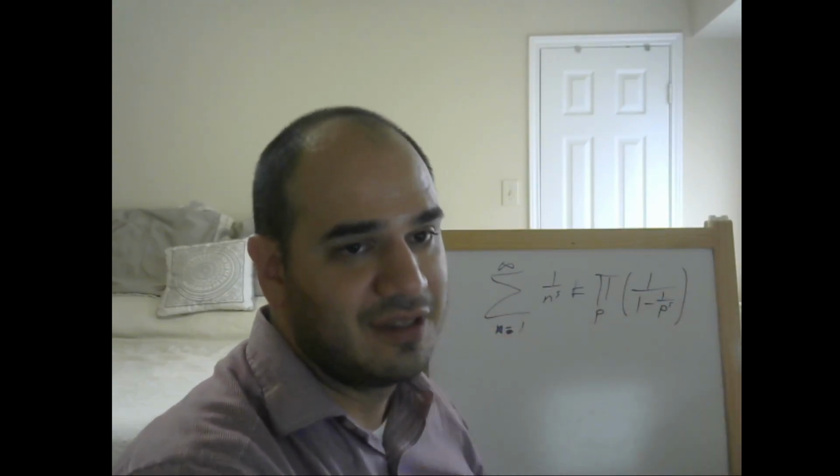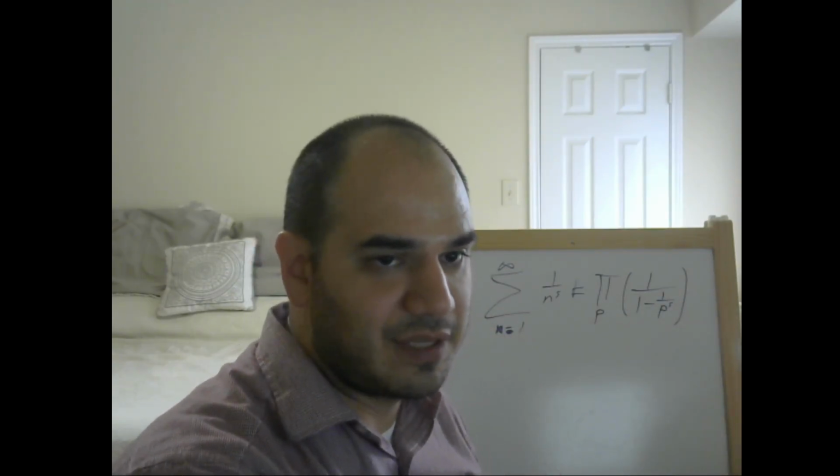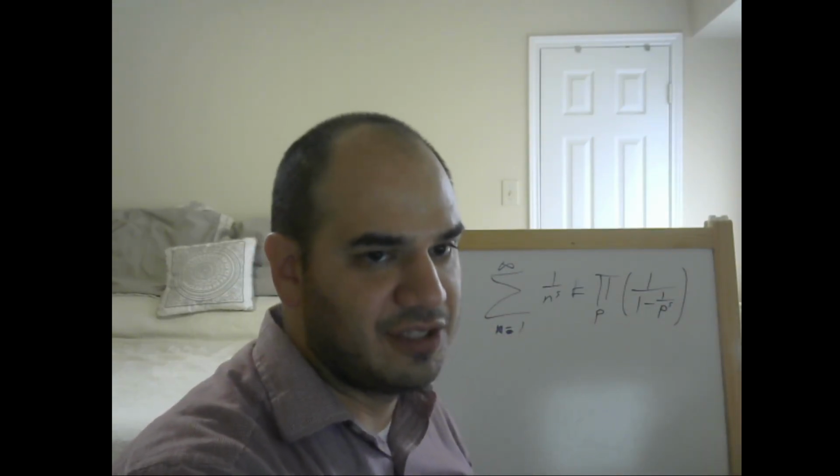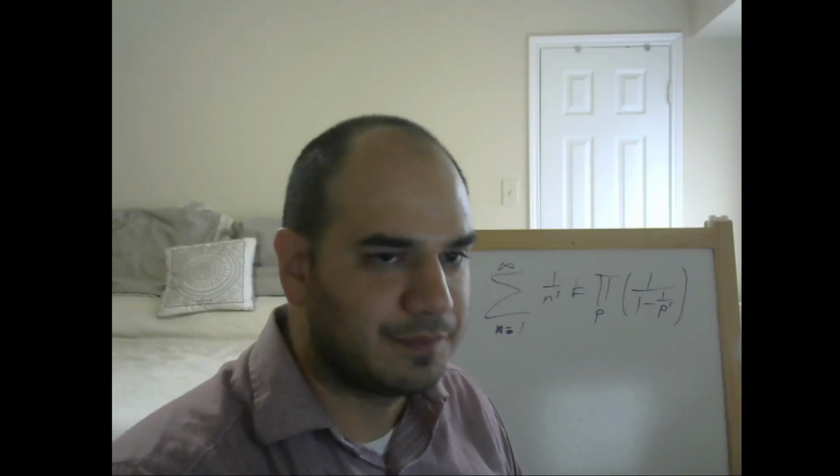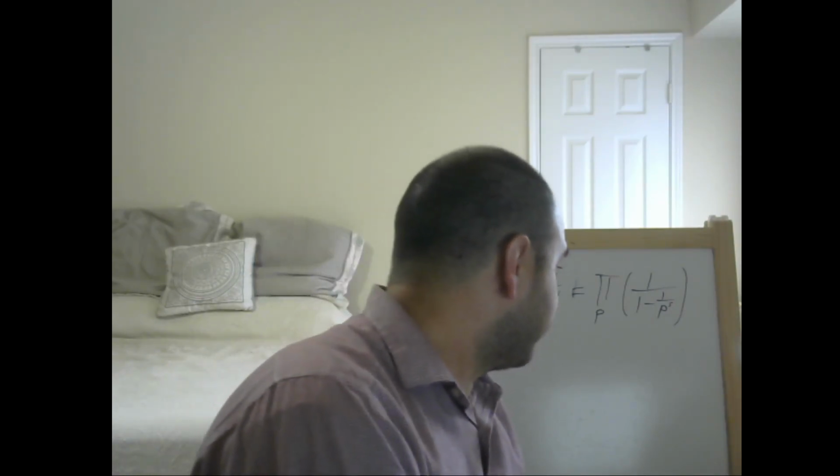And these are all the generators of those geometric series where the ratio is 1 over some prime number to some exponent. Okay.